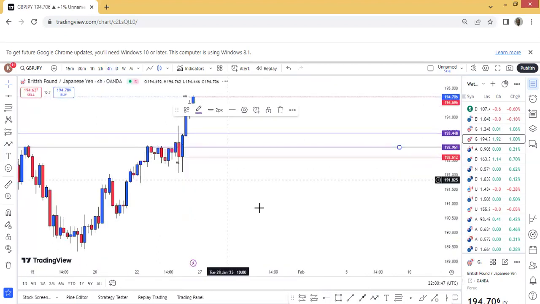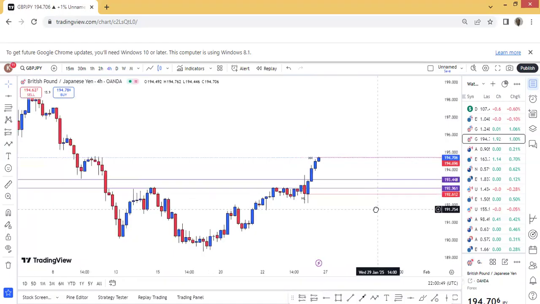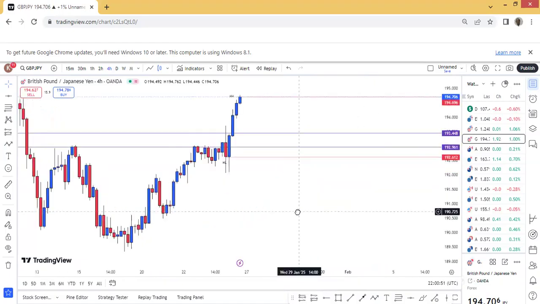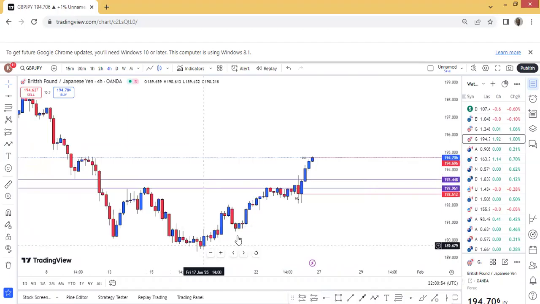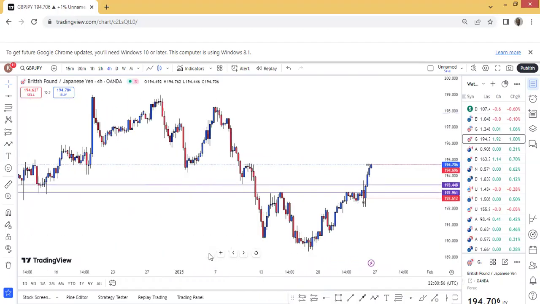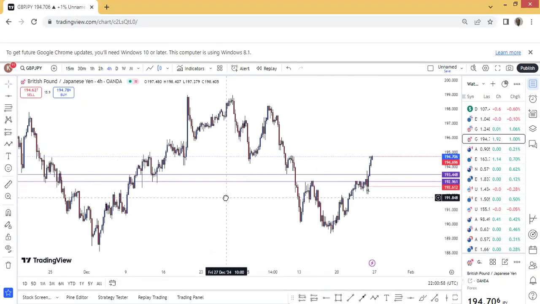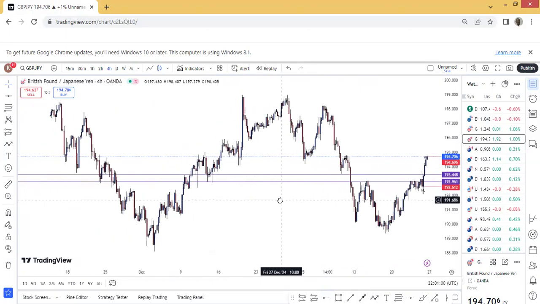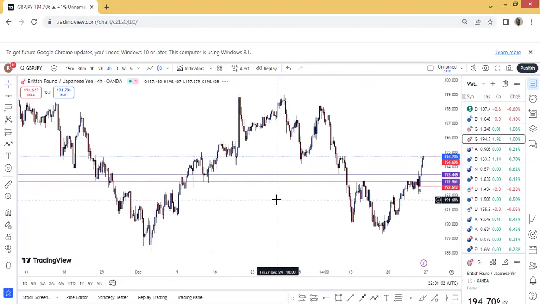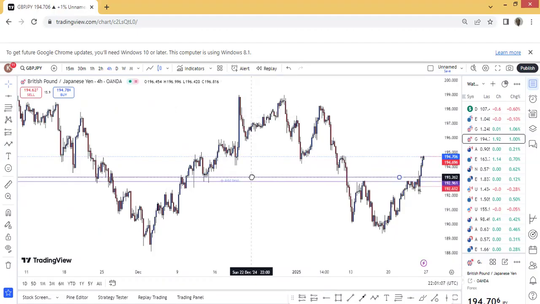Let's go to the 4 hours and see. That is awesome. That is right. I think the second key level makes more sense. The first also makes sense. So in this case, let's adjust this to this place.